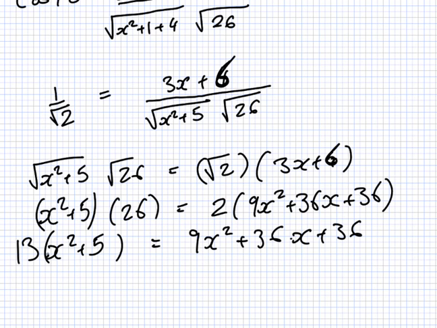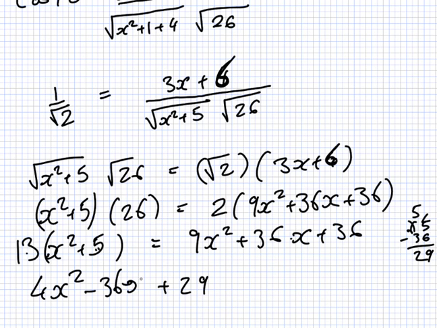So that's 13x squared minus 9x squared is 4x squared. 13 by 5 is 65. 65 minus 36 is 29. So there's a 29 at the end here. And then a minus 36x equal to 0.